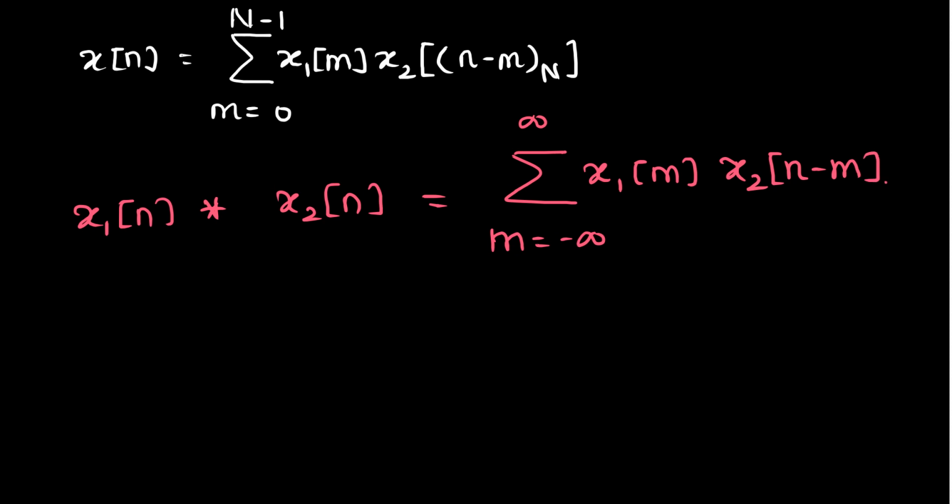So if we compare these two equations, we observe that in this expression that we have obtained, we have m equal to 0 to n minus 1, and this x1 of m is as it is, and this x2 of n is having this modulo n operation, meaning after flipping and shifting we are having this modulo n operation which is not present here. So the expression that we are having here is the linear convolution.